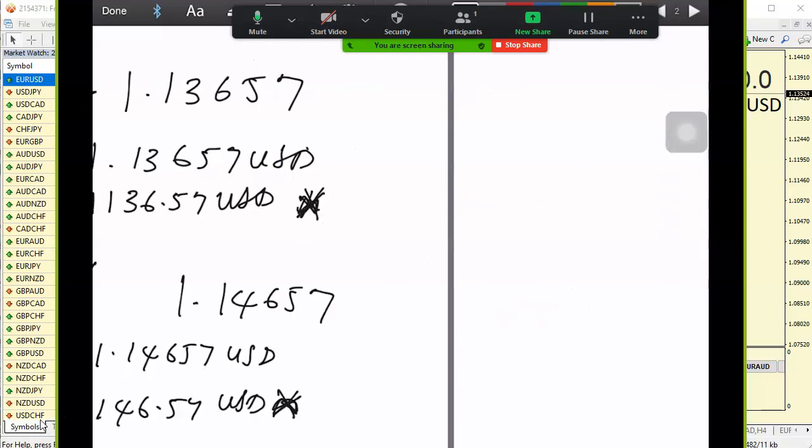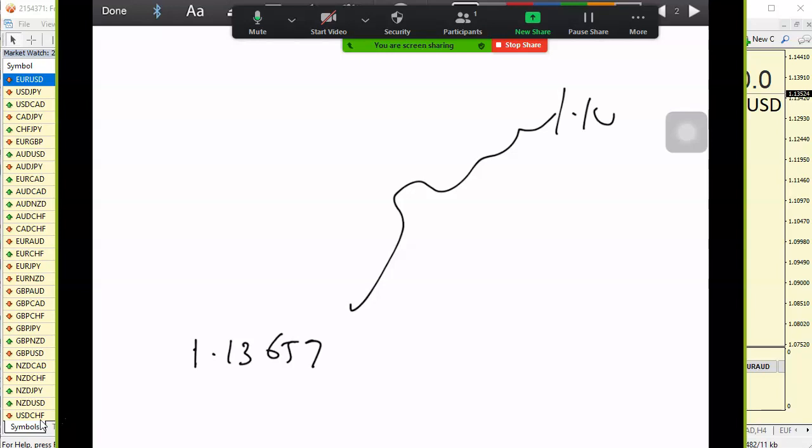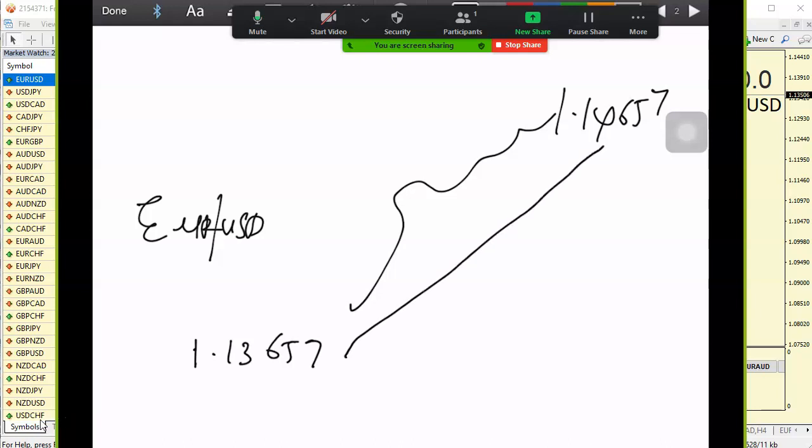That is why the chart is going up, from 1.13657 to 1.14657. So when the euro is getting stronger than the dollar, the exchange rate goes higher, and your chart goes up.